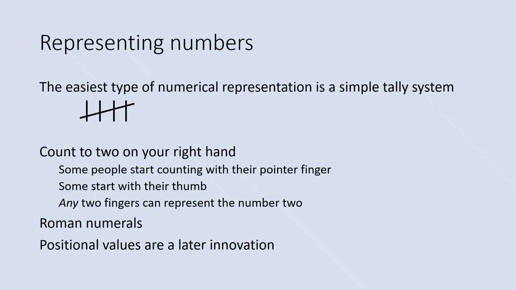But there's another way that we write numbers, where the numerical values are described by the actual position. That's a later innovation, but common for us. We know how that works. We use those positional kinds of values all the time.